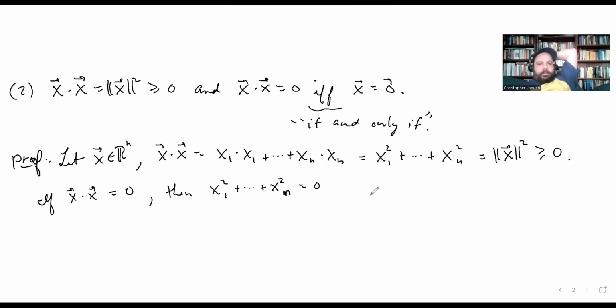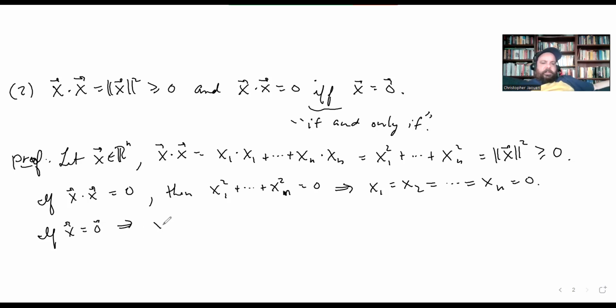So this implies x1 equals x2 equals dot dot dot xn equals 0. And if we go backwards, if x equals the 0 vector, that implies x dot x is 0 times 0 all the way up to 0 times 0, which is 0 summed to itself n times, which is just 0. Okay, so that proves that part.